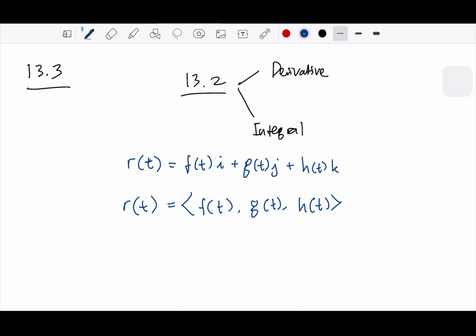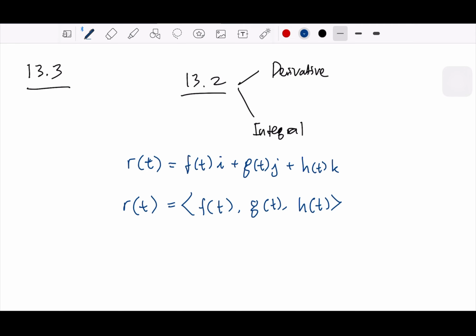Now, what 13.1 says is it introduces you to a vector valued function, and you can have what we call space curves. For example, when you have the helix structure, it comes from a vector function.